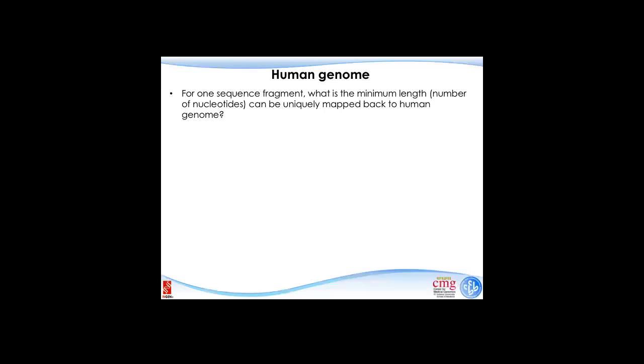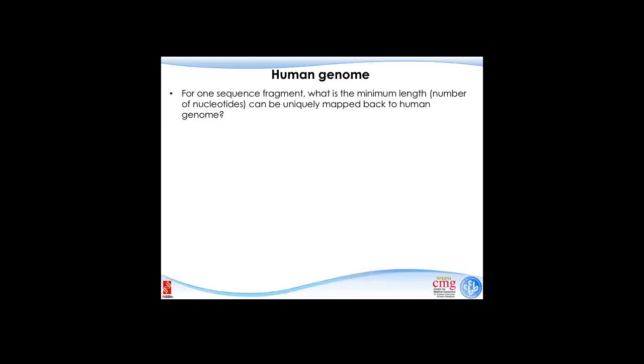Do you design primers? How long are your primers? 20, 22, it depends on your temperature or the regions, right? And have you seen any primers that are 10 bases long? Why not? Because it's going to be mapped to different locations in the genome, right?